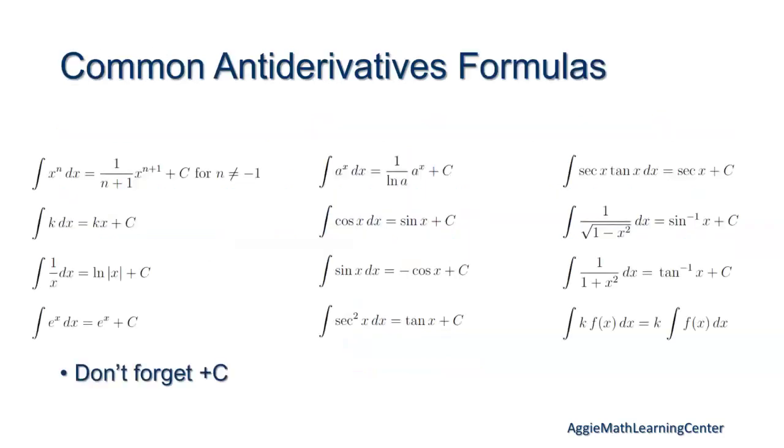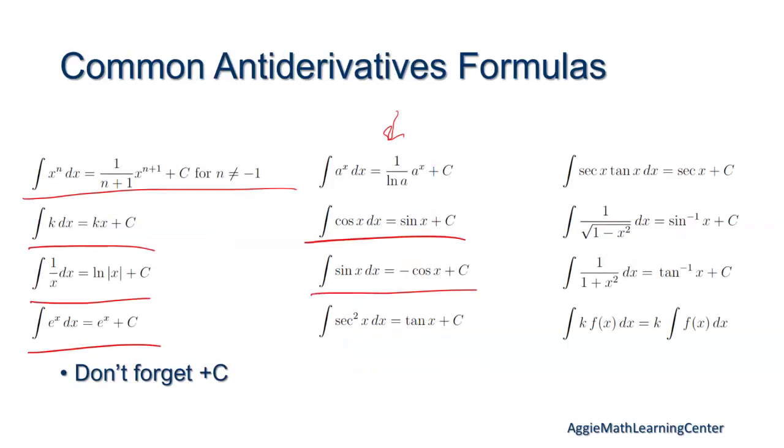Here are the most common antiderivative formulas. The ones I would like to point out are, you won't use this one very often, but you might want to note it. Eventually, you might see a bunch of these. These that I'm not underlining are uncommon, but especially in Calc 2, you're going to see it at least once.